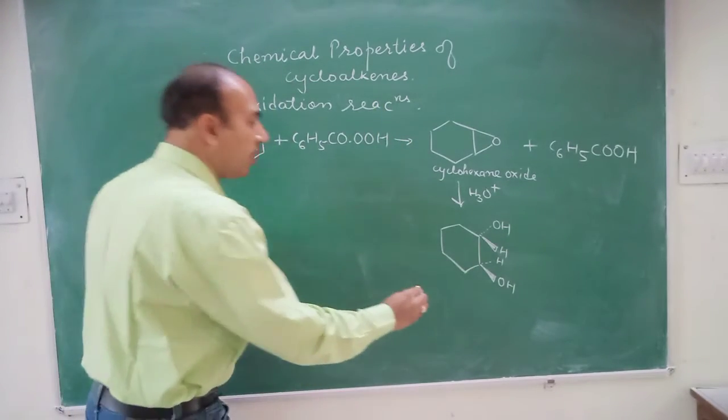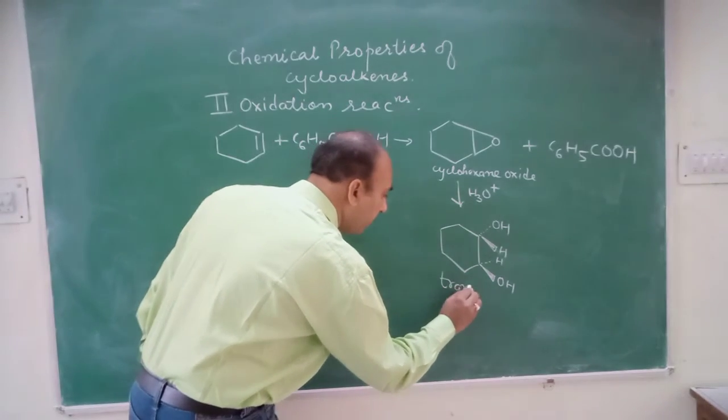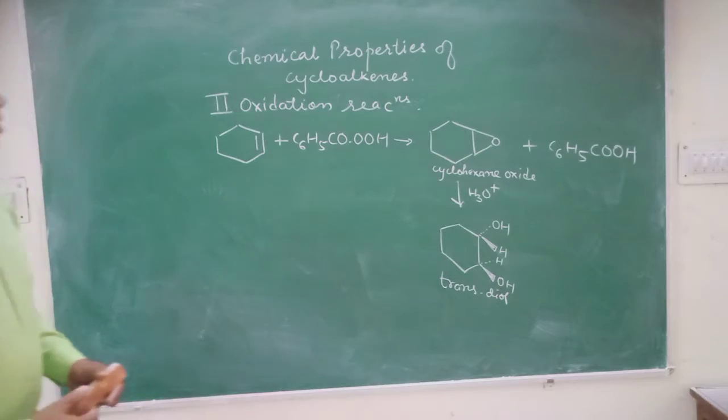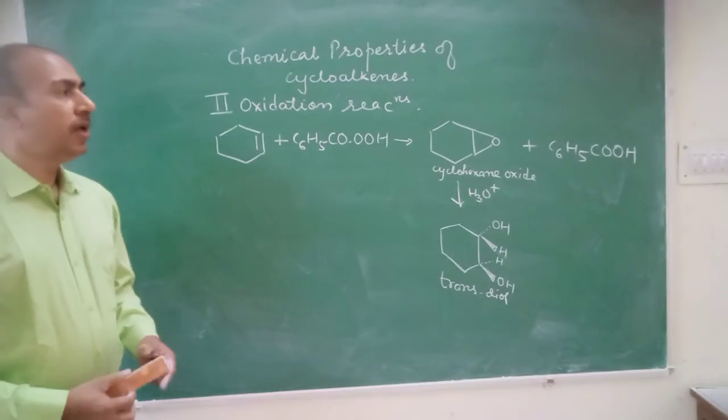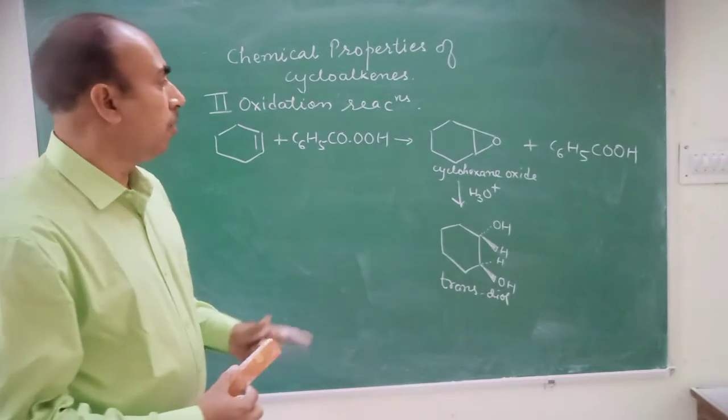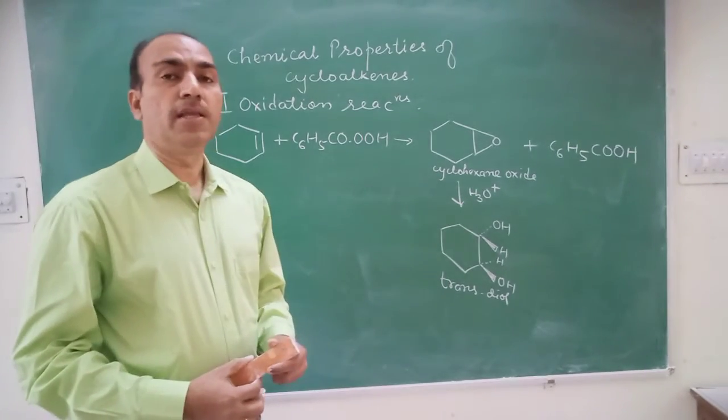In this way, trans diol is obtained by oxidation with peracid, and cis diol is obtained by oxidation with osmium tetroxide and alkaline KMnO4.